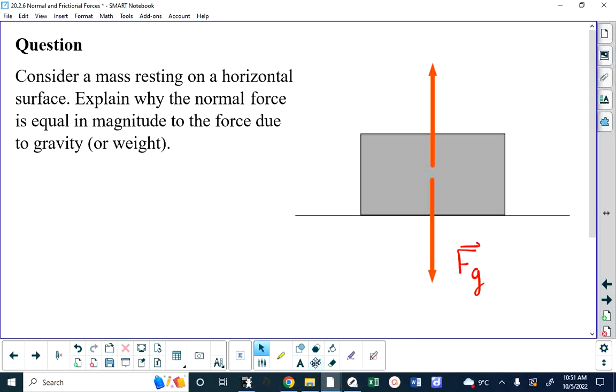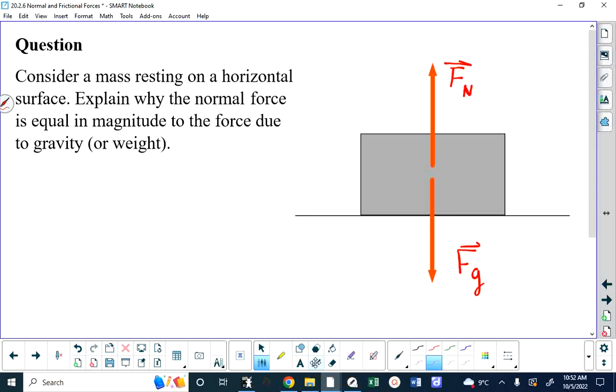So the force of gravity is the number of newtons that the box is pushing down on the floor with, and the normal force is the number of newtons that the floor is pushing up on the box with. And notice we use a subscript of n here for normal. That could easily be confused for net, which is why if you ever write F net, you should write F net.